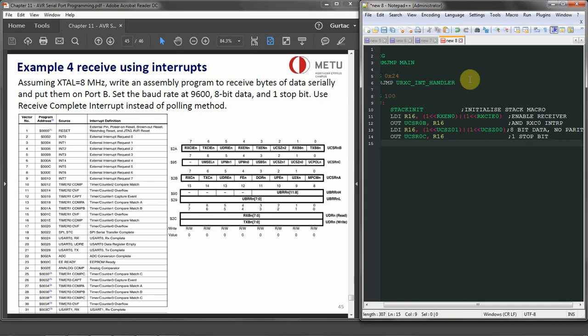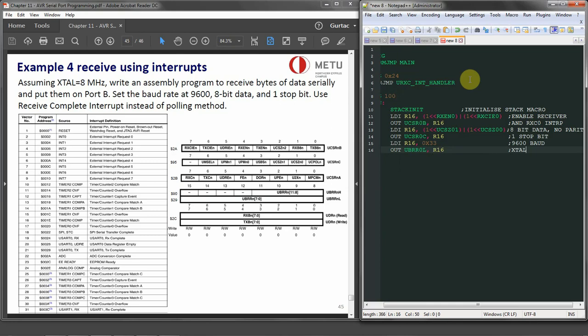And then the UBRR value, again it's 9600 baud, so LDI R16, 0 hex 33 for 9600 baud. Then that has to be in UBRR0L, and that's going to be R16.